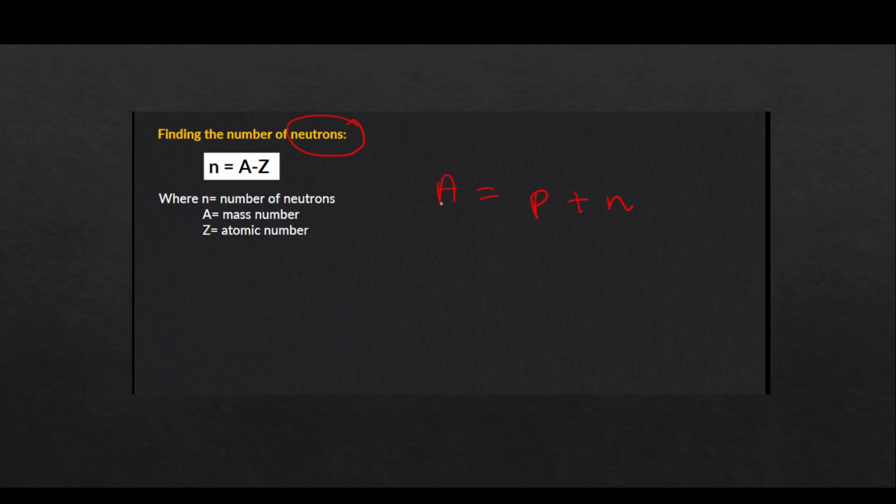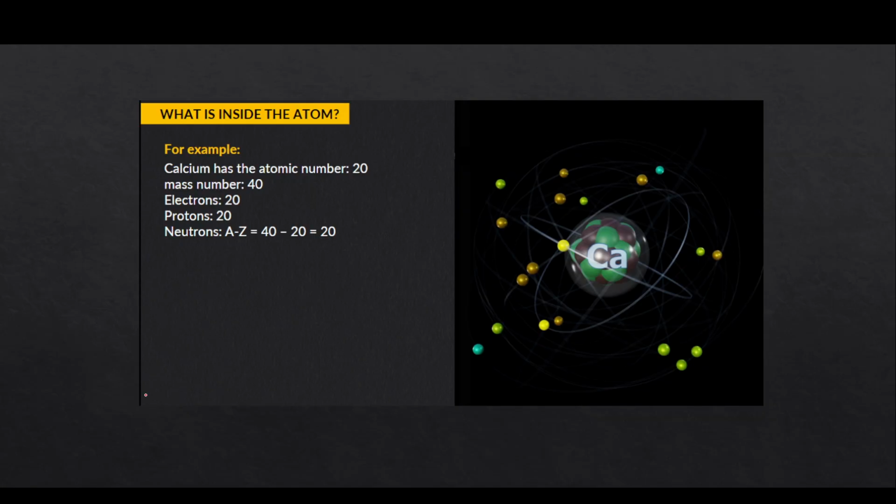This is mass number A. So if we want to find neutrons, we can just subtract number of protons from total mass number to get number of neutrons. And number of proton can also be written as atomic number, and that's why atomic number is represented with Z. So if we subtract atomic number from mass number, this gives us number of neutrons.